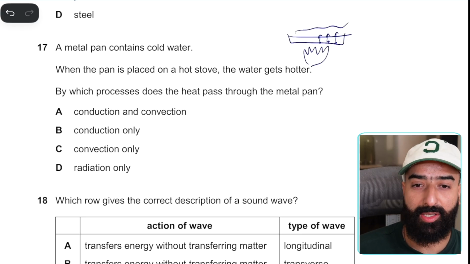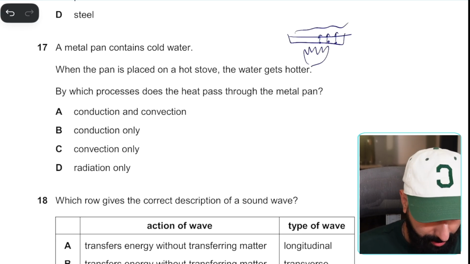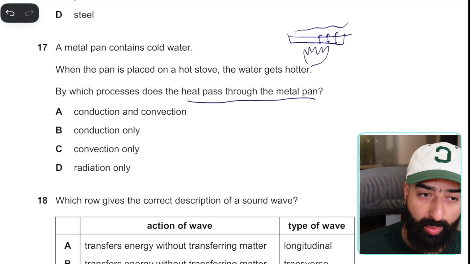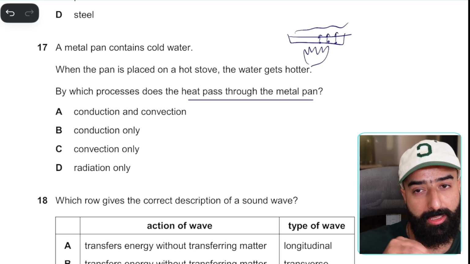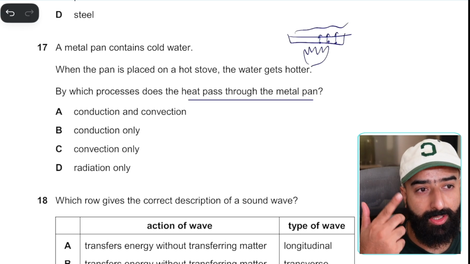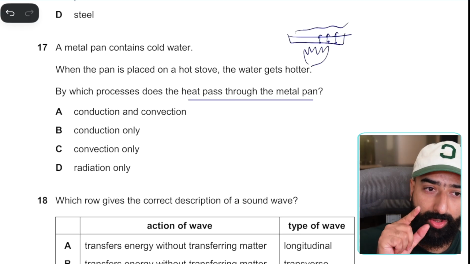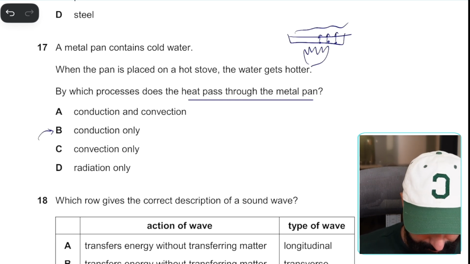So we got conduction. But look at the question: the heat passes through the metal pan. So you just have to focus on the metal pan. You don't say, now the water is heating, so there's convection in the water. That's separate. Just the metal pan. The metal pan can only conduct.